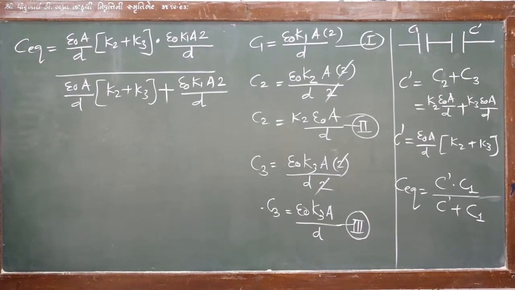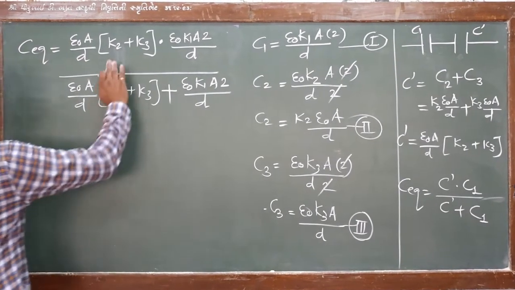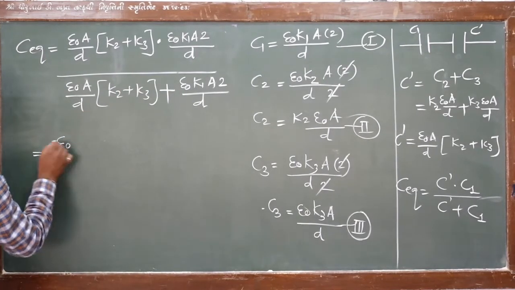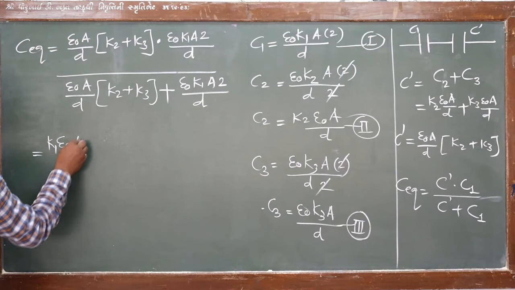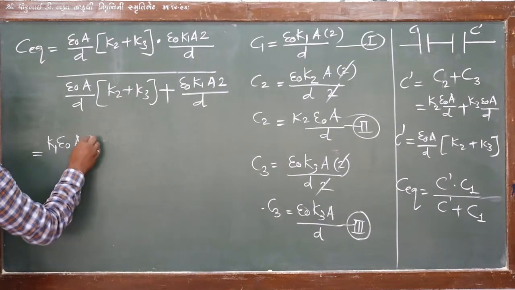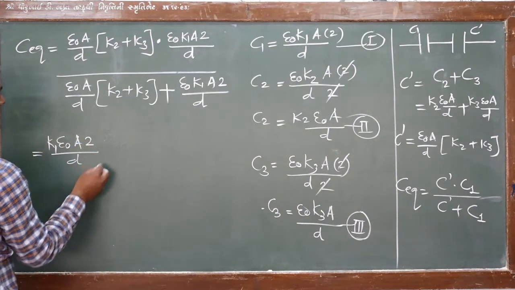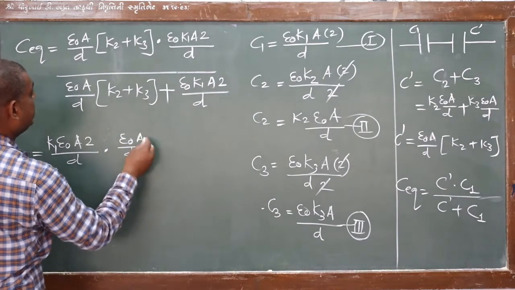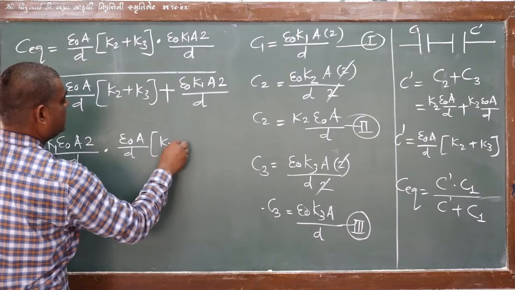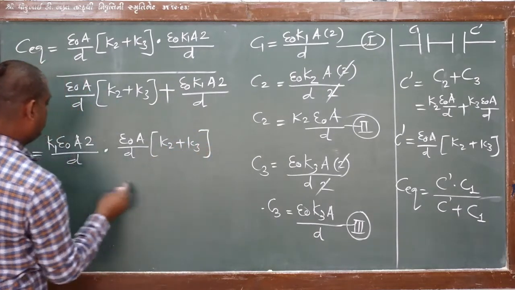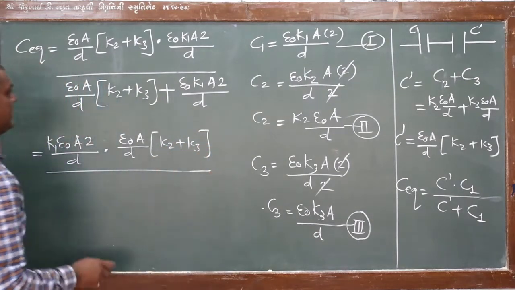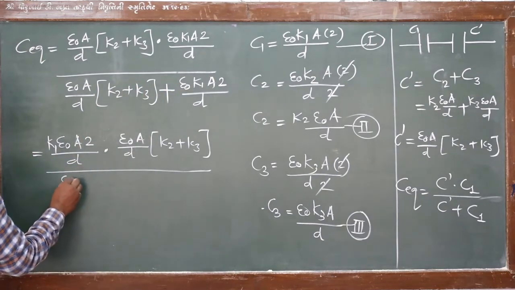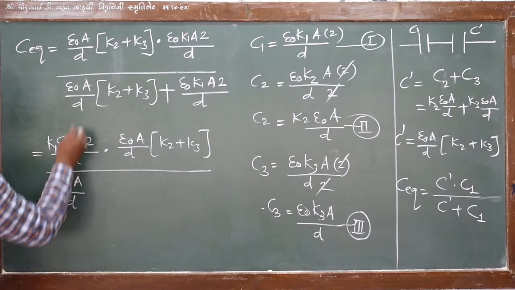Now take the common things outside. We will write this like this: epsilon 0 K1 2 by D into epsilon 0 A by D, K2 plus K3, divided by, taking the common thing outside, here epsilon 0 A by D, right?